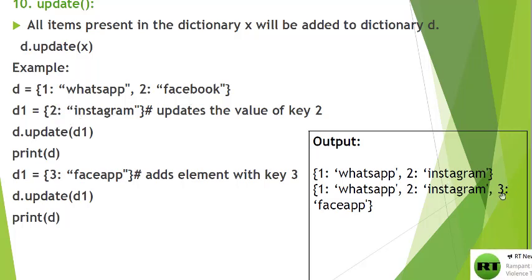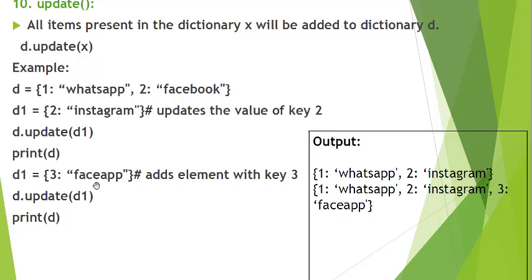A little confusion here: if you say d dot update d1, 2 is already there in d, so this will not be updated. 2 Instagram will not be updated because you can't have duplicate keys. So 1 WhatsApp and 2 Facebook will stay, and this will do nothing.